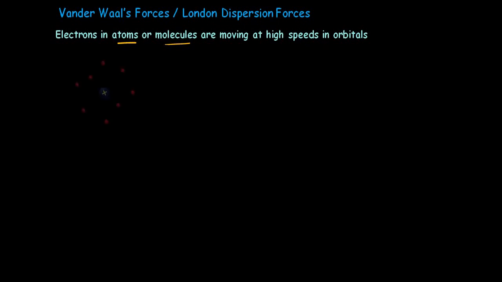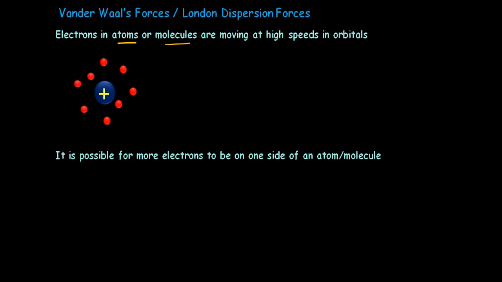When electrons move at a very high speed around the nucleus, it may happen that electrons may gather at one side of the atom just because they are revolving around the nucleus in its orbit. For just one moment, they may gather at one side of the nucleus.